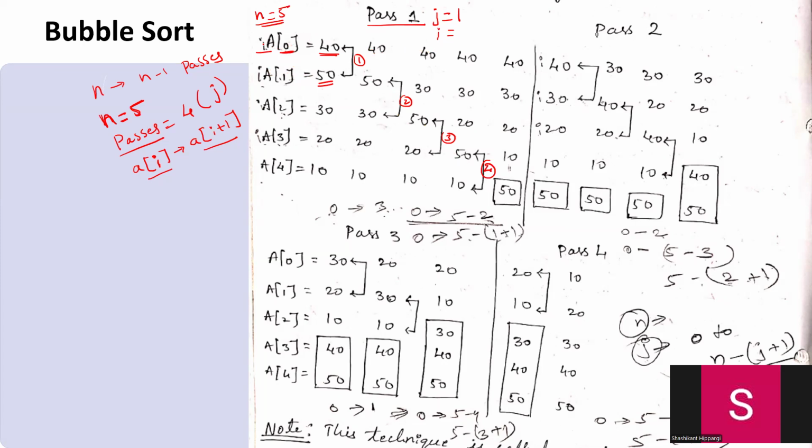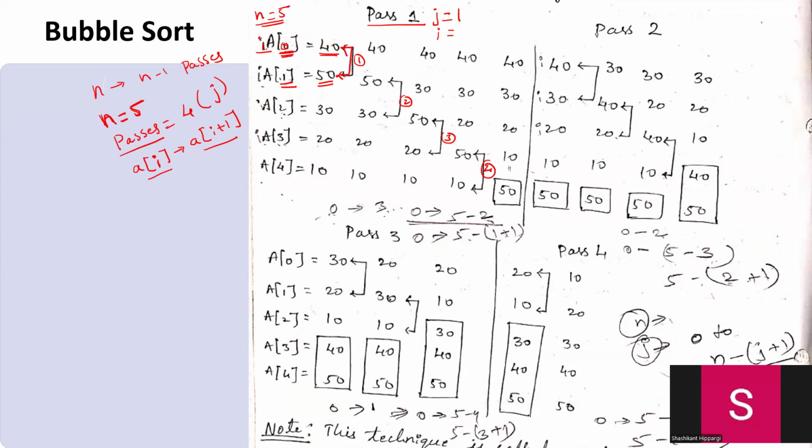If I is equal to 0, I am going to compare A of 0 with A of 1, since A of I is compared with A of I plus 1. This is my first comparison.